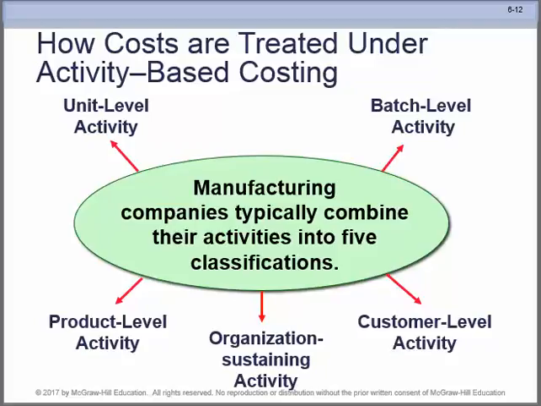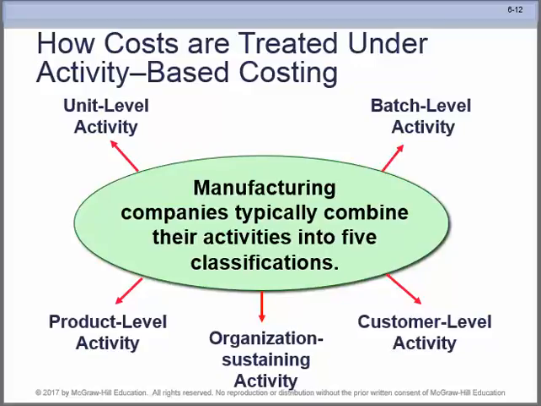Product level activities relate to specific products and must be carried out regardless of how many batches are run or units are sold. With our invoices, maybe we have a specific letterhead or form that we need to use.